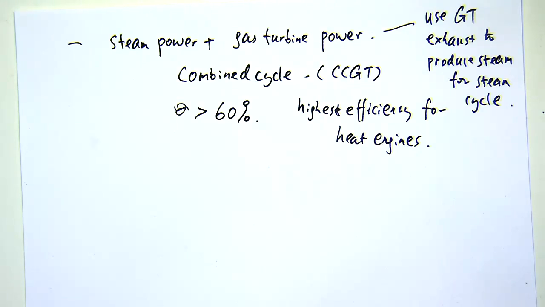Then the two cycles are combined by a counterflow perfectly insulated heat exchanger, the one we saw before. The exhaust of the gas turbine heats the water to produce steam. It says the heat exchanger is the only heat source of the steam cycle, so that's explicitly stated there.